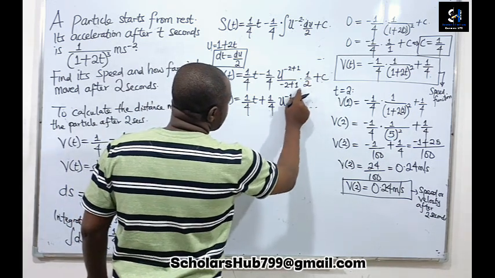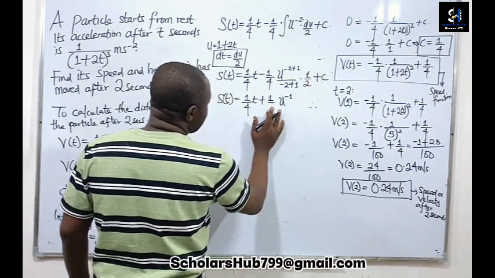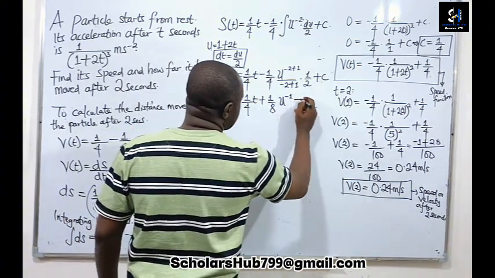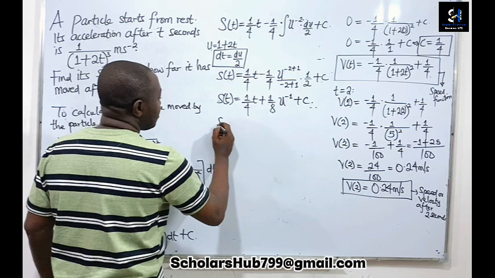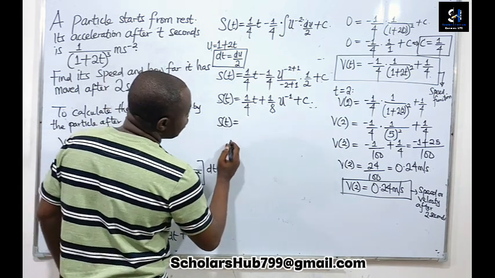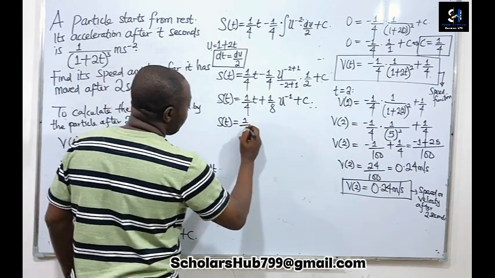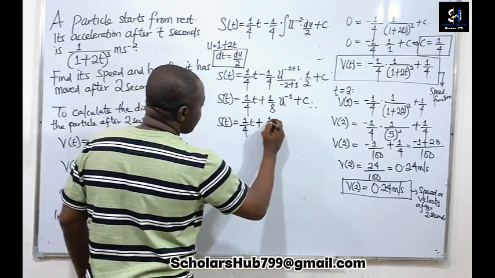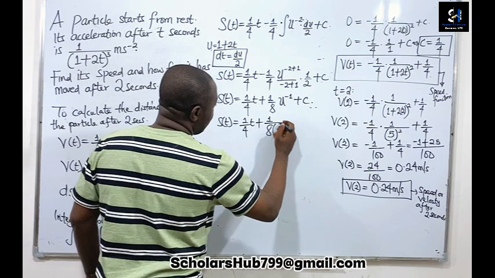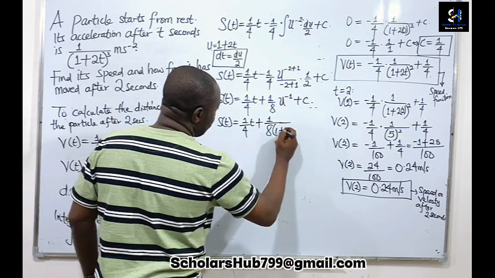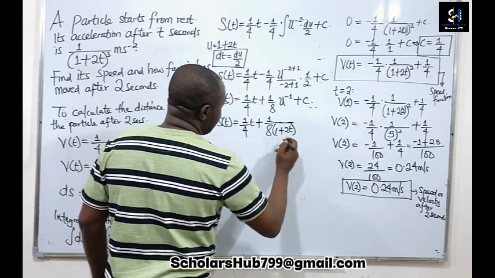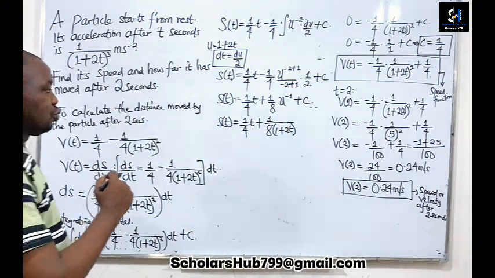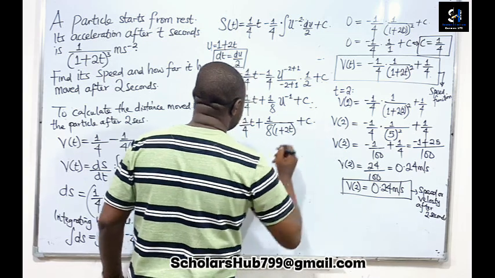Now 1/2 times 4 will be 8. So the distance function will be t/4 plus 1/8 (1 + 2t), because u to the power of minus 1 is 1/u, then plus c.